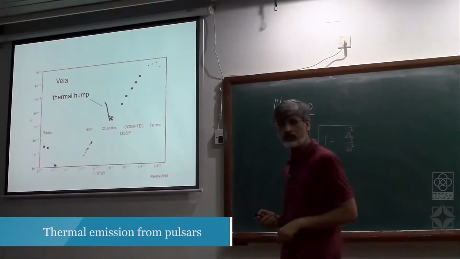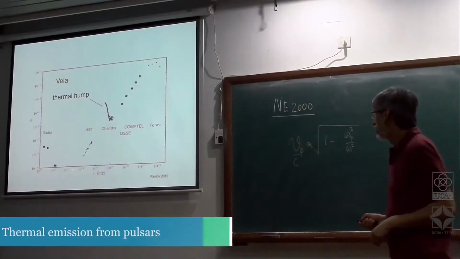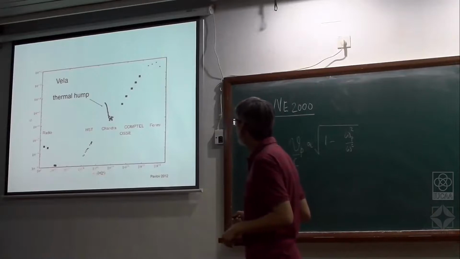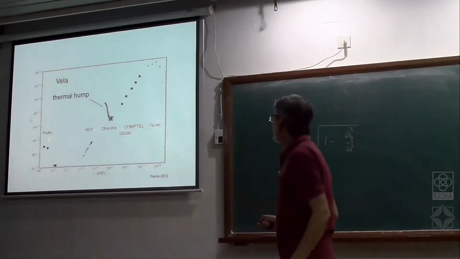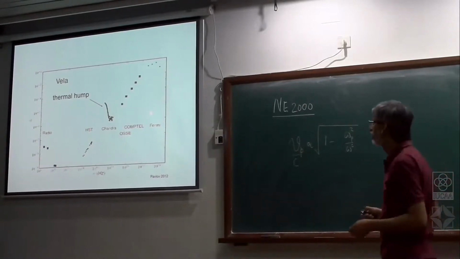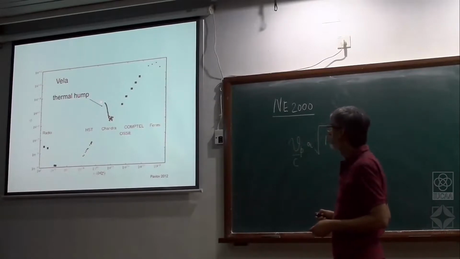Here is a spectrum of Vela. This is frequency, and this is basically nu F nu. So you have this emission going up, but in soft X-rays you have this bump.